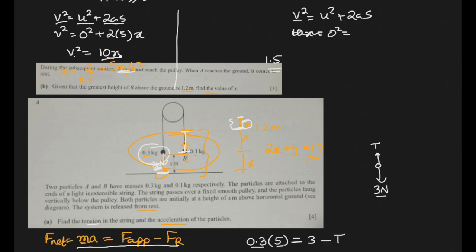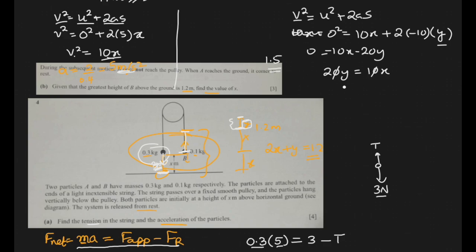Initial velocity squared will be 10X, which was the final velocity squared of the previous part, plus 2 times minus 10, because it's again going up against gravity. That is the only acceleration we have, and the distance it traveled was Y. So now we know a relationship between X and Y. We can write 10X minus 20Y equal to 0, which means 20Y equals 10X, and that cancels both zeros.